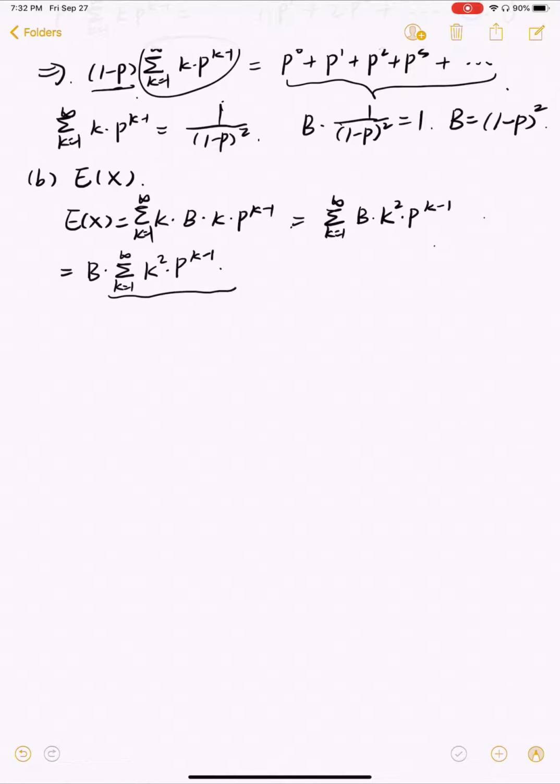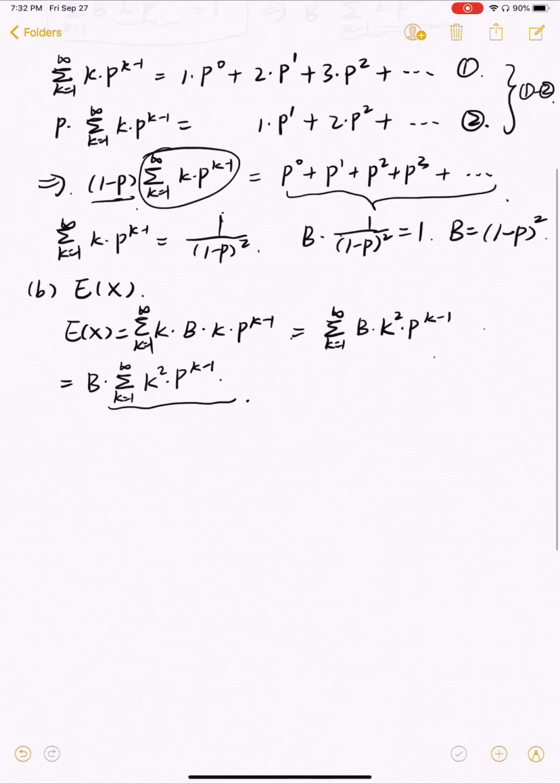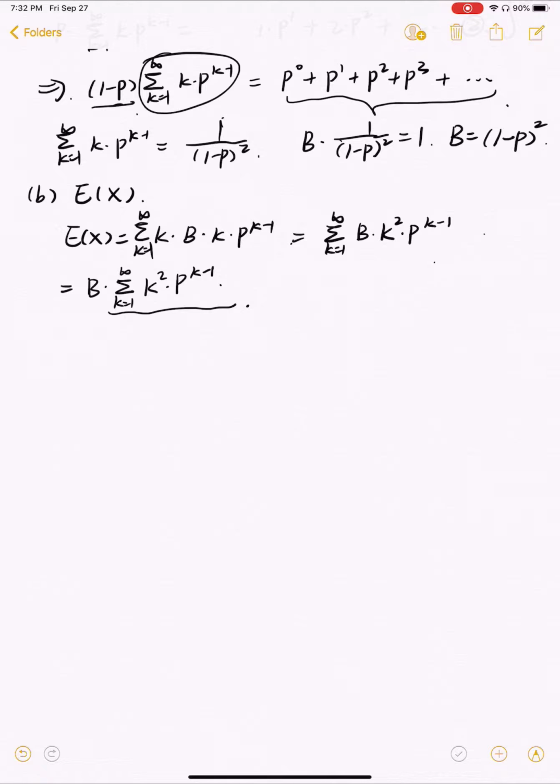To solve this part, we have the information which we got in question A: the sum of k multiplied by p to the power of k is p divided by 1 minus p to the power of 2.